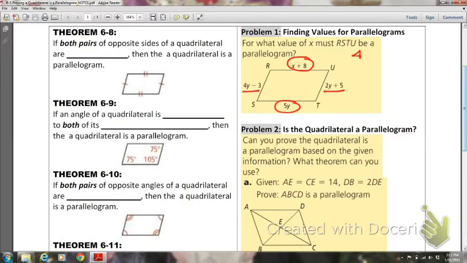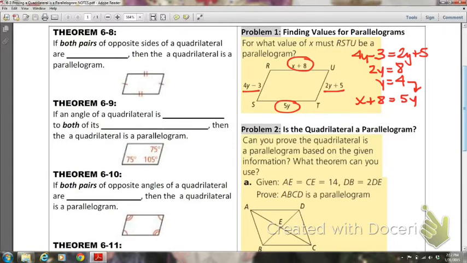So set 4y minus 3 equal to 2y plus 5. Solve that for y by subtracting 2y from both sides, then add the 3 to both sides, and divide both sides by 2. So y is 4. Now we need to use the other two sides and set those equal to each other. Set x plus 8 equal to 5y, and then substitute the value for y that we've just found, which was 4.